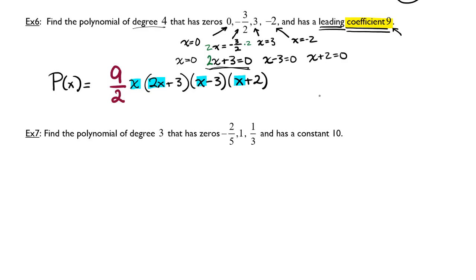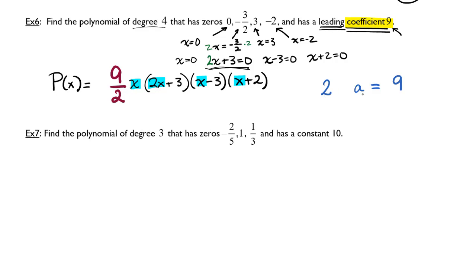Now, if you have no idea what I just did, which is possible, let's just say we have 2x to the fourth. We need to multiply that by something that will give me a leading coefficient of 9. Right now, I don't really care about the x to the fourth, I just care about that 2.